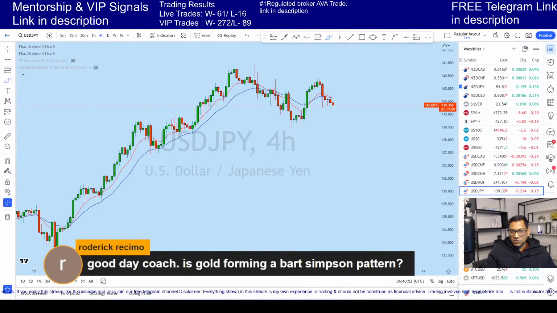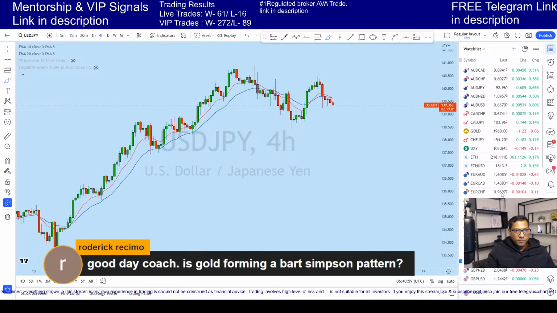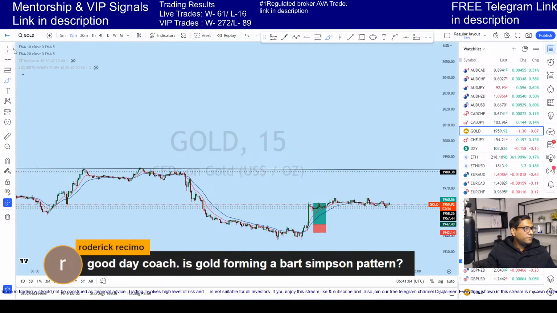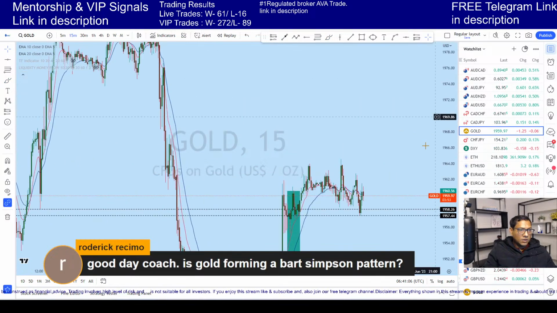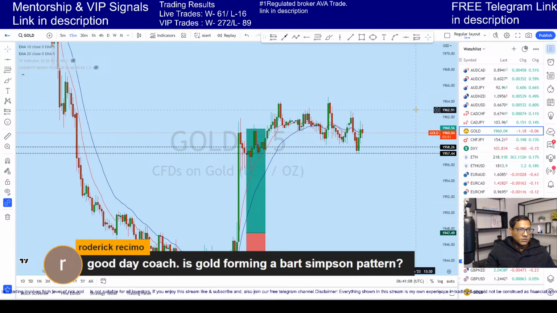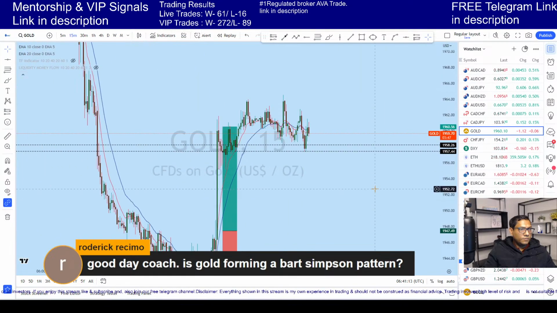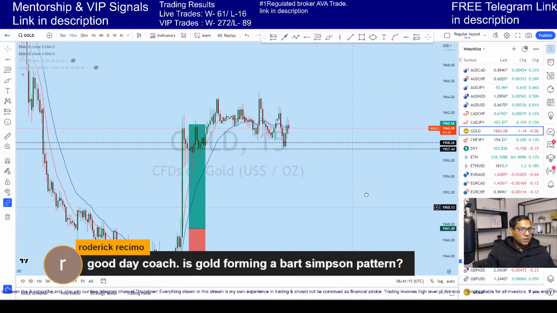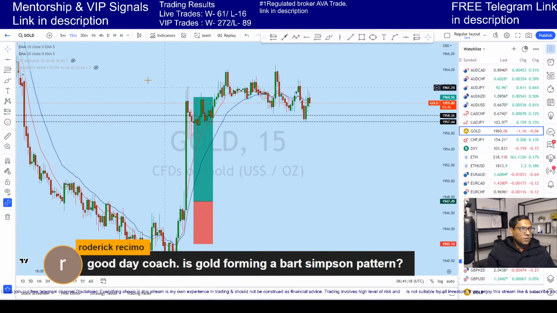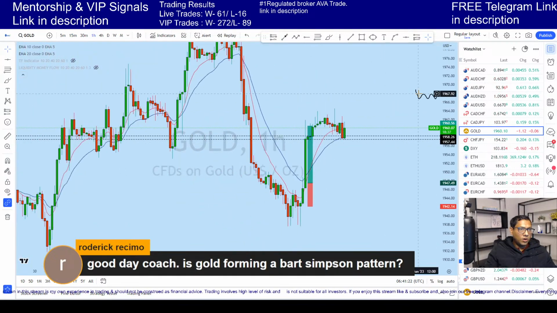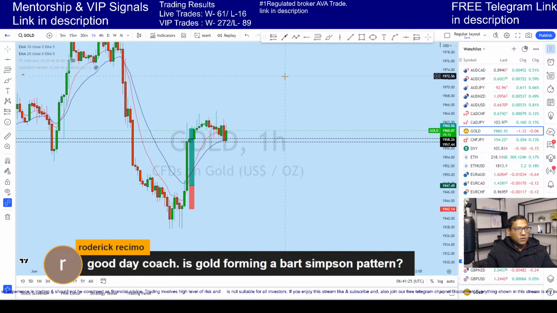So gold is forming a Bart Simpson pattern. It is crucial to see, this is the 1 hour chart.